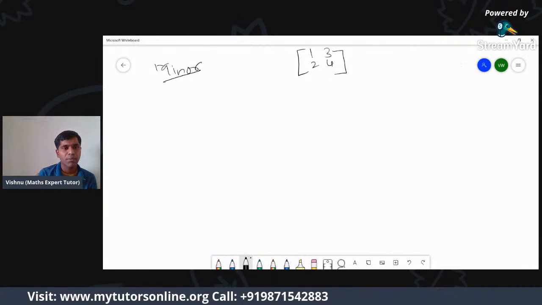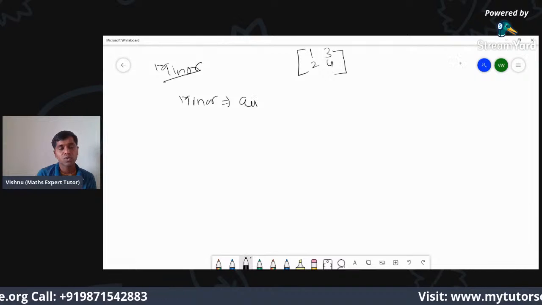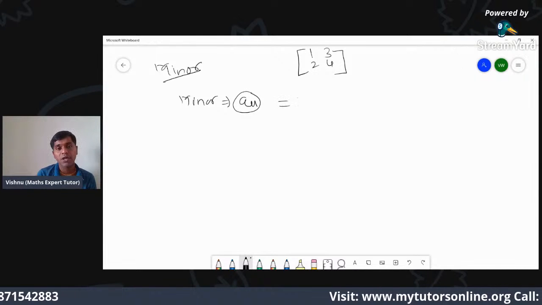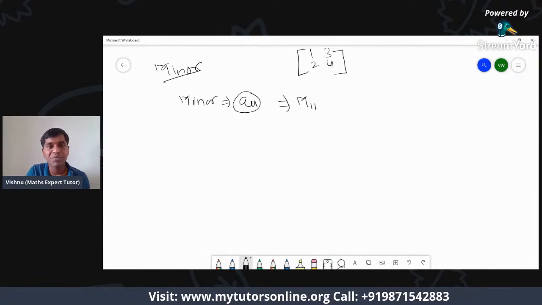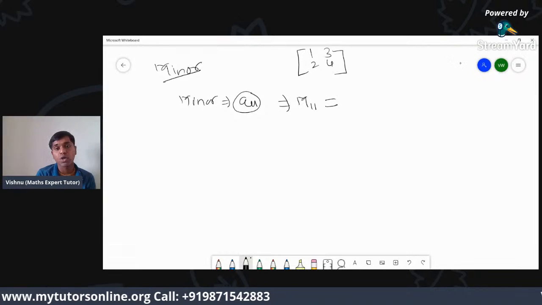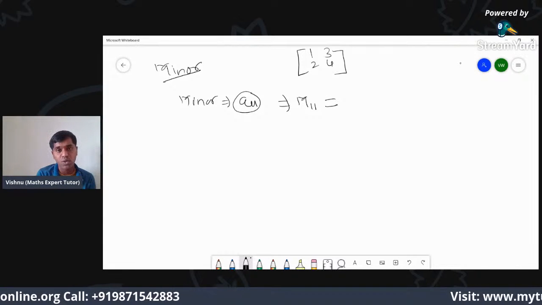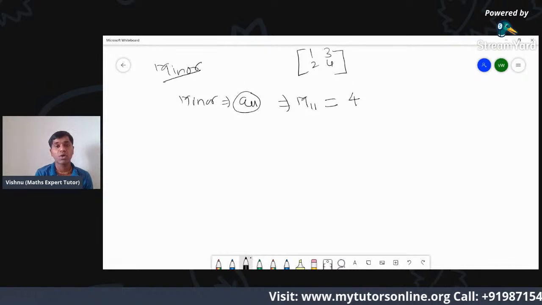So here minor of A11 is indicated by M11. M11 is going to be, exclude this, remains 4. Sign convention is as it is, plus.